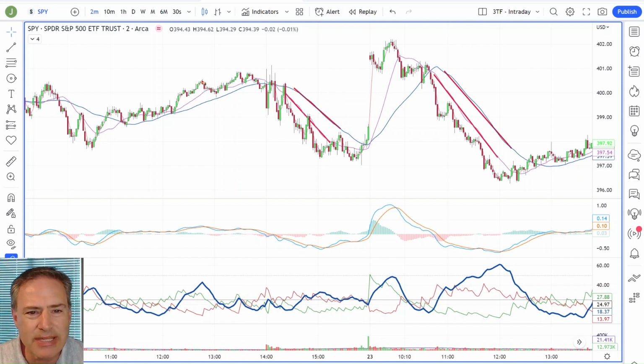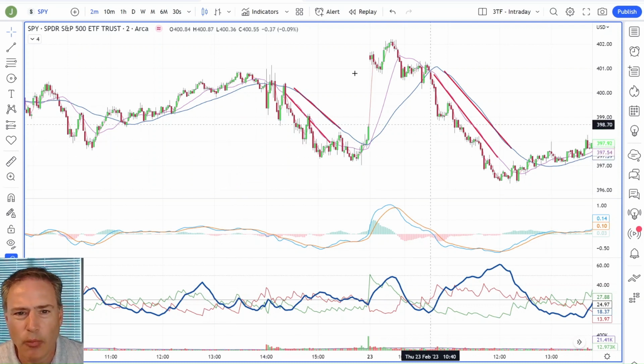Now, when I see this happen and they're not perfectly parallel, I'm usually going to try and play it for a single leg most of the time, as opposed to looking for a big kill, because normally when you're going for these big trend trades, these lines will have a little bit more of a parallel look to them. So this ended up going up one leg and then reversing back down.